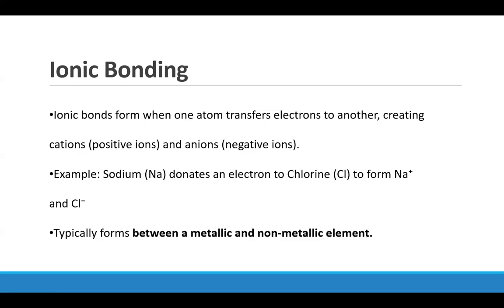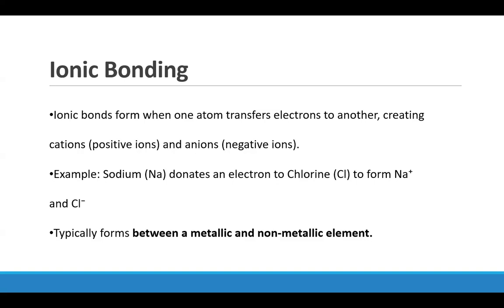Ionic bonding occurs between non-metals and metals, because metals have a tendency to lose electrons, so they are reducing agents, and non-metals have a tendency to gain electrons, so they are oxidizing agents. We will talk about oxidizing and reducing agents in more detail in the chapter on redox reactions.